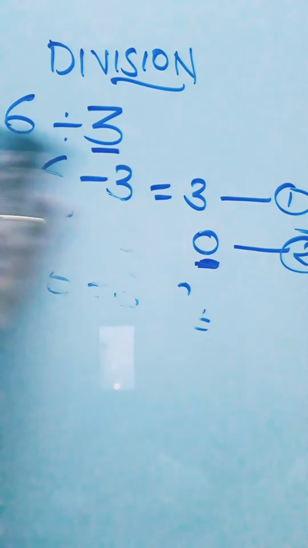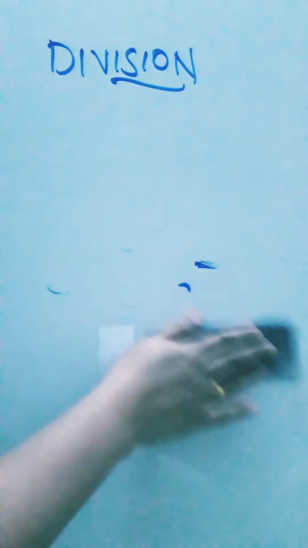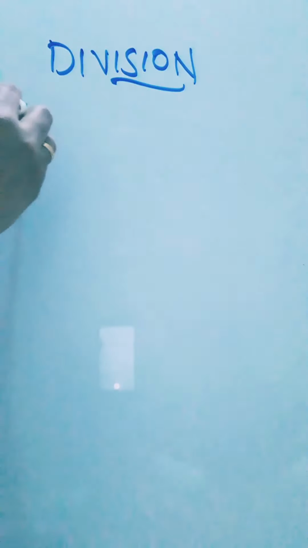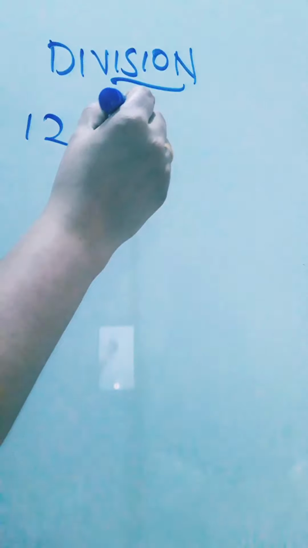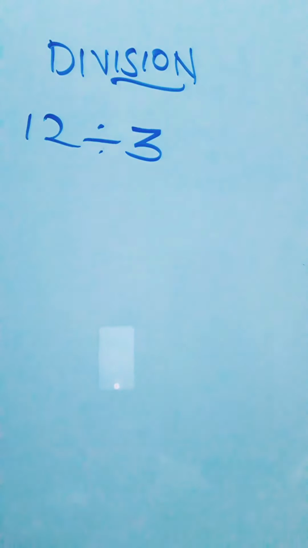Let's see another example like this. Suppose I want to distribute 12 flowers to 3 students. How to do this using repeated subtraction?